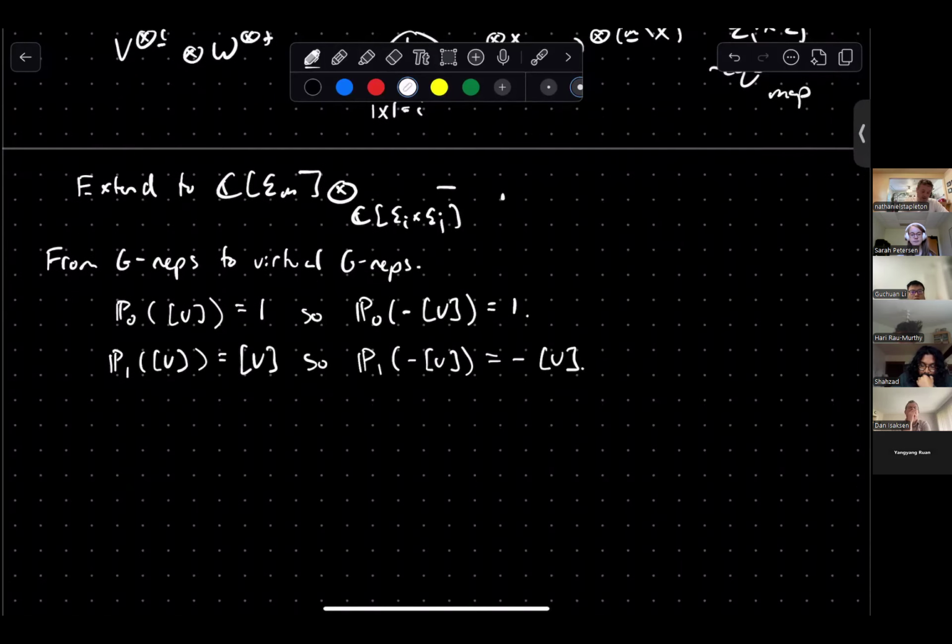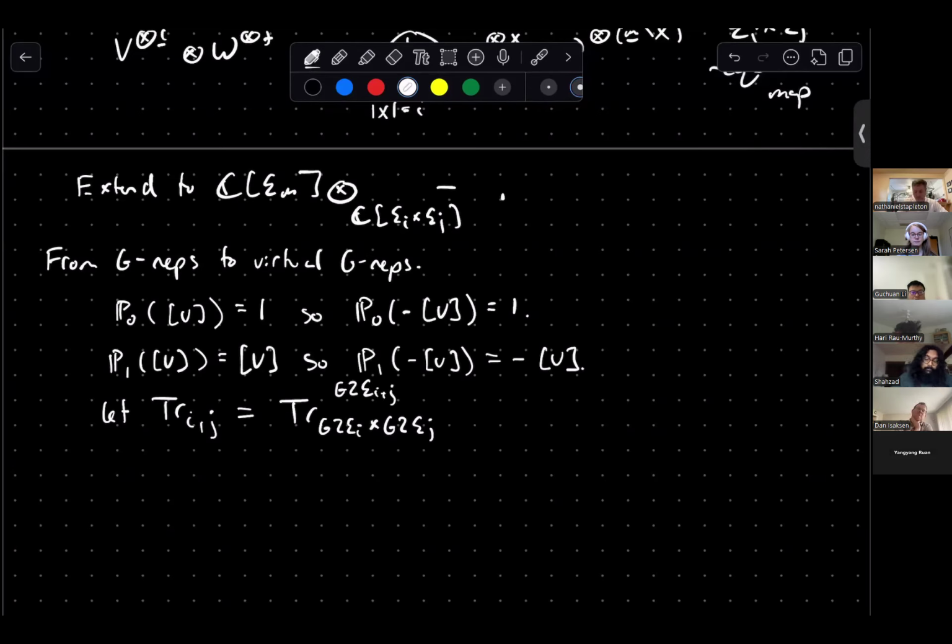And now the idea is to use induction. It's useful to have one piece of notation here. I'm going to let tr I sub j just always be tr from g wreath sigma I times g wreath sigma j, landing in g wreath sigma I plus j.